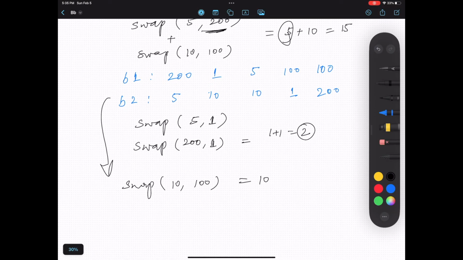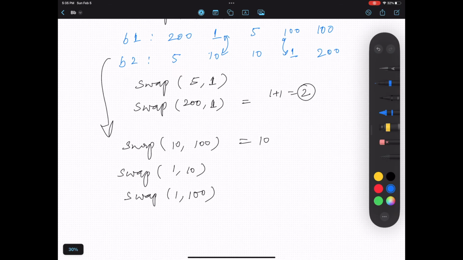But let's say again we can use 1 as an intermediate. So what we can do is swap 1 with 10, and then swap 1 and 100. Basically I'm going to swap these two, and then these two. So what would my basket content be now?